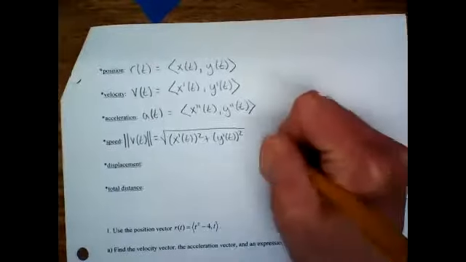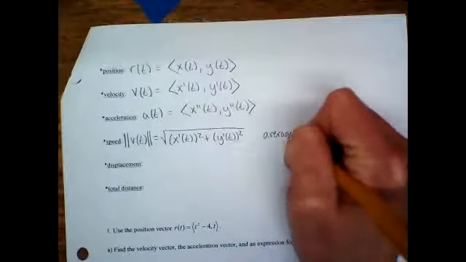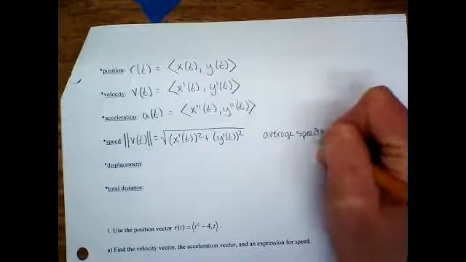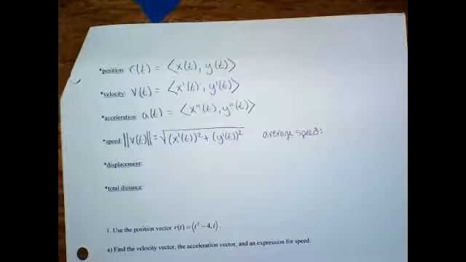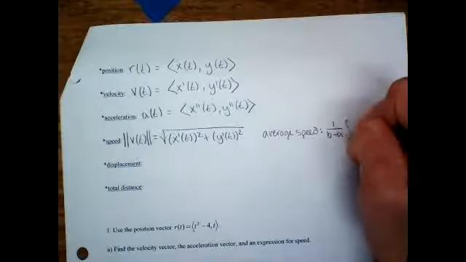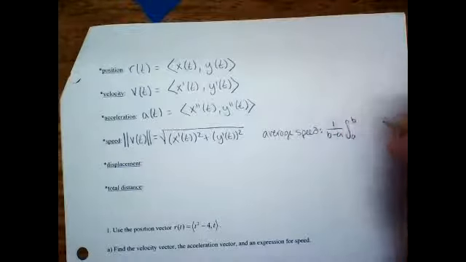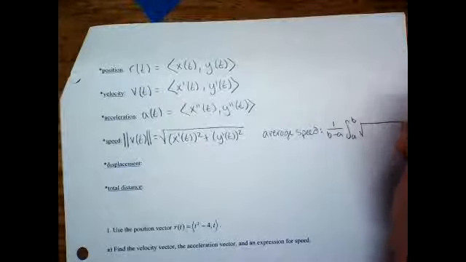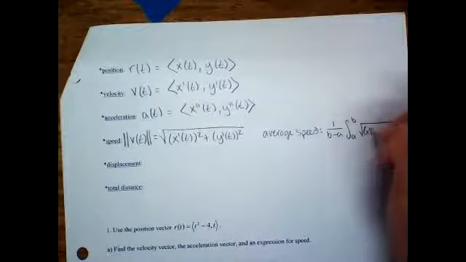All right, and then average speed, in case you get asked that. Do you remember if I gave you a list of numbers and asked you to average them, you would add them all up and then divide by however many you've got? Average value was 1 over b minus a, and then your integral from a to b of whatever it is.